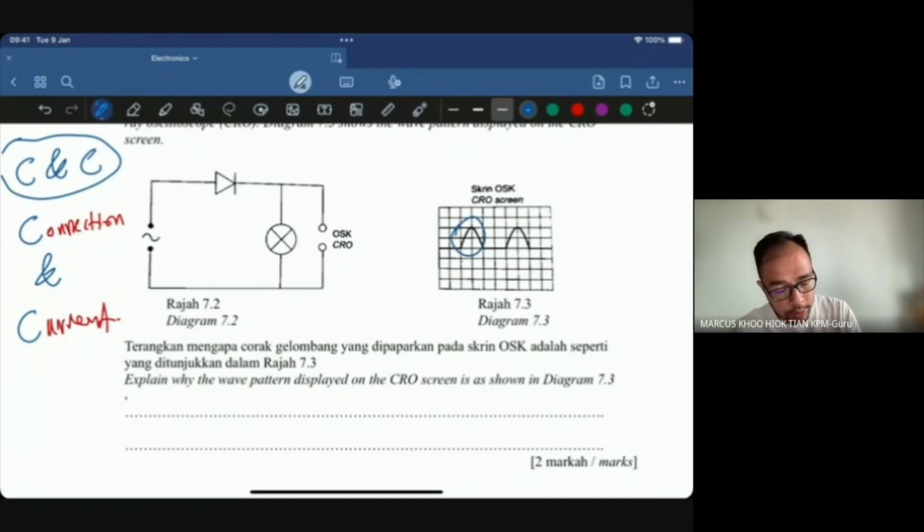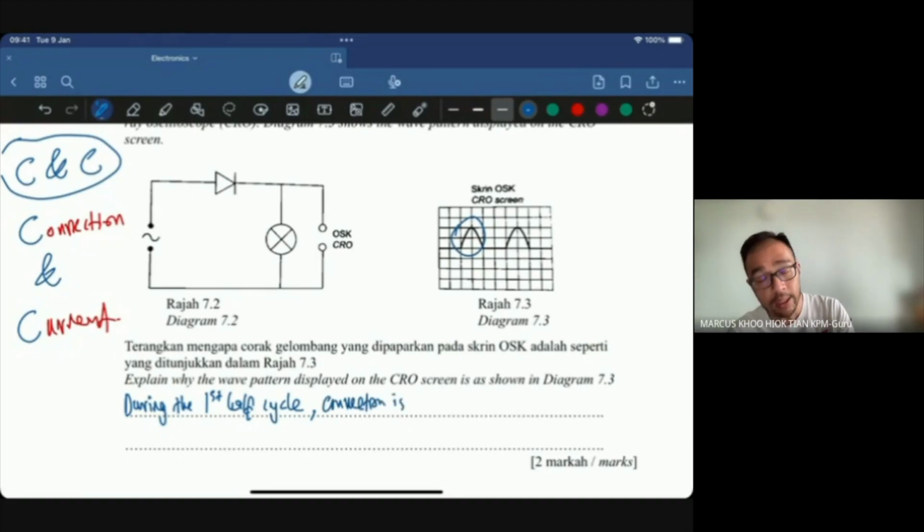So in the first half cycle, the connection is, there are only 2 types of connection, forward bias or reverse bias. Since there is current, it will be forward bias. Connection is forward bias and current is allowed to flow.